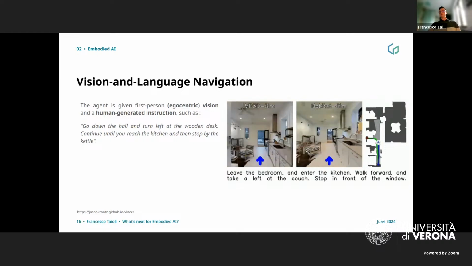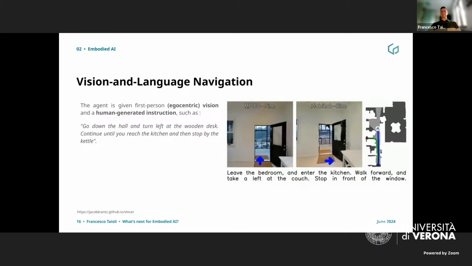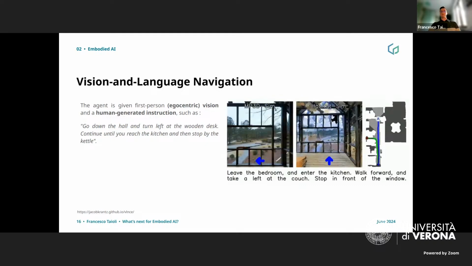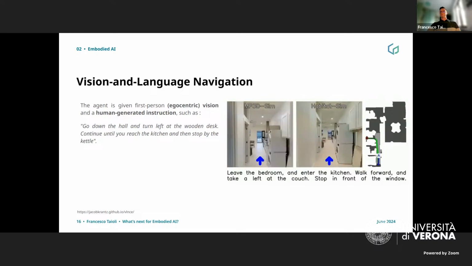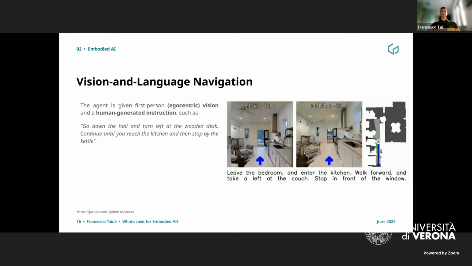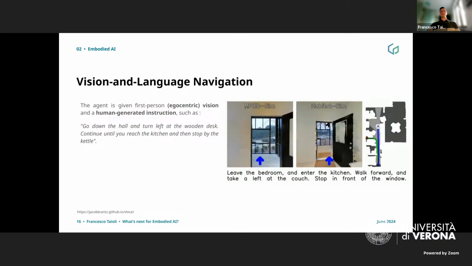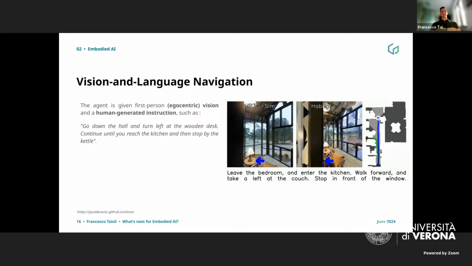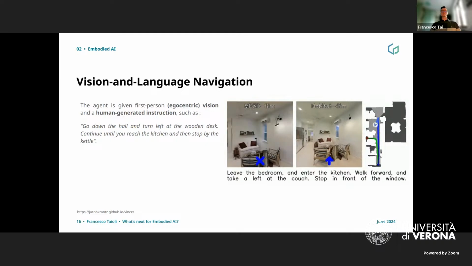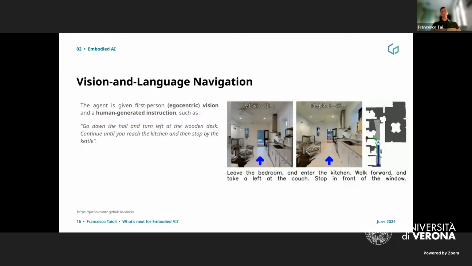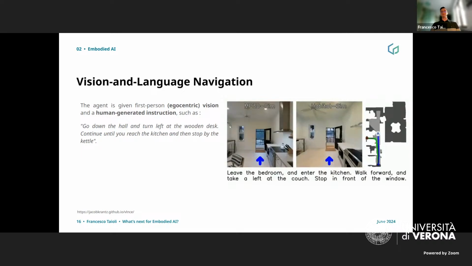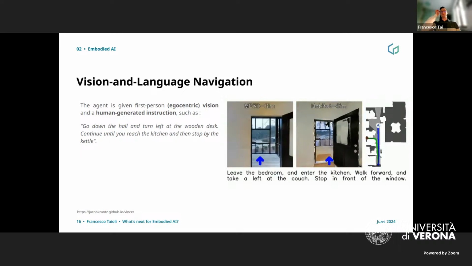In the GIF that you can see in this slide, you can see the MP3D simulator and Habitat-Sim. This is, of course, a huge difference that Habitat introduced. We were moving from a discrete simulator, one that gives you nodes to select from to perform the navigation, to a continuous environment.